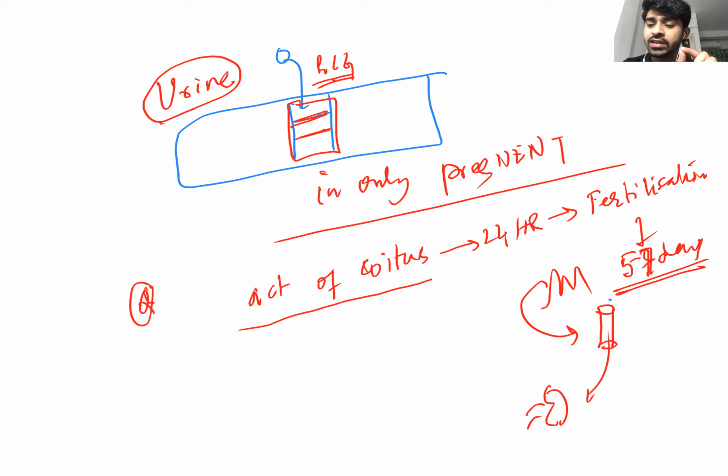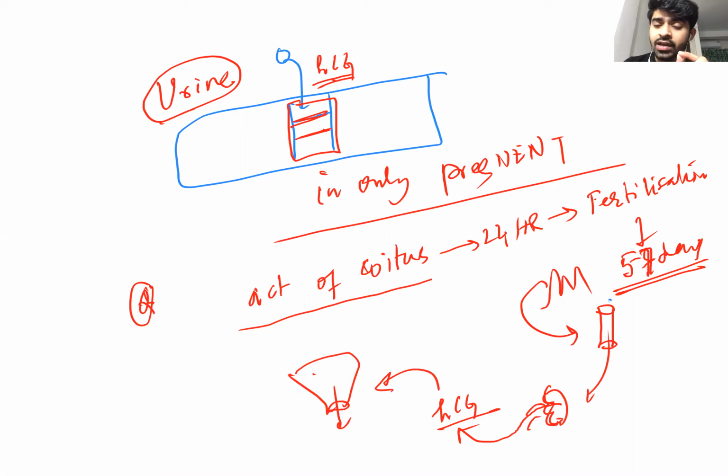During filtration in the kidney, the HCG comes from the blood into the urine, and ultimately is voided from the bladder, so you can collect the urine and check the HCG level.